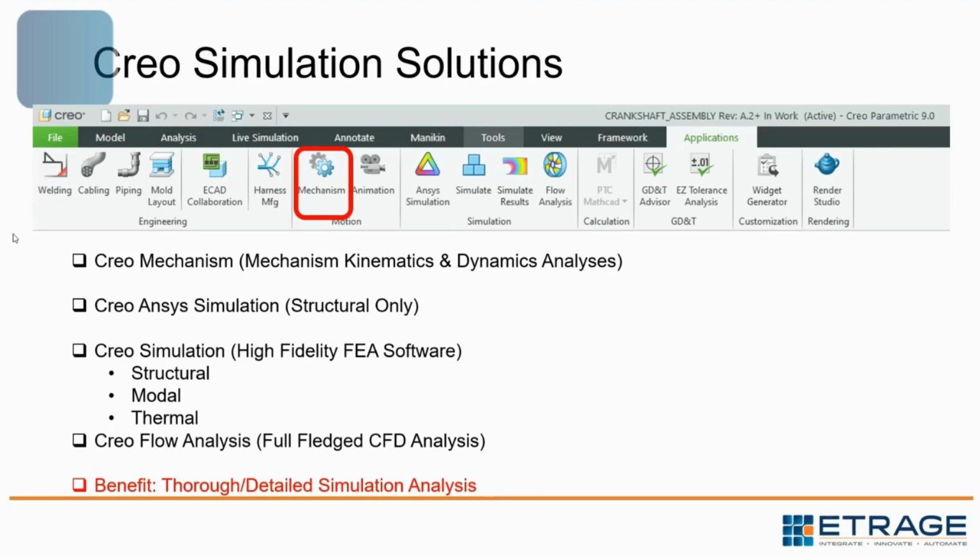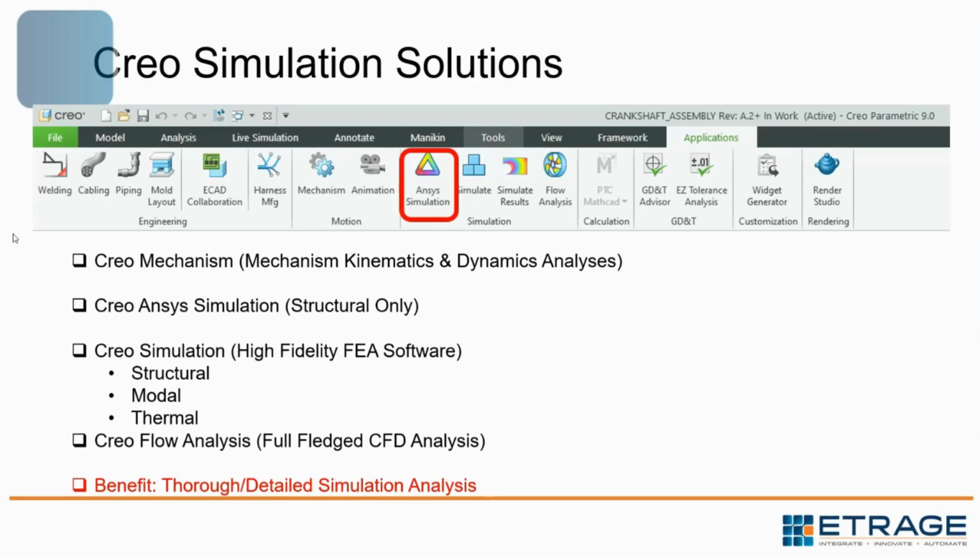Next is going to be the Creo ANSYS simulation. And for that one, that's a newer product that's come out recently within the last few years. And that one, I believe, currently primarily does structural simulations only, right? But this is one of the products that PTC is heavily invested into, and so a lot of new functionality will usually be shown come into this particular product.